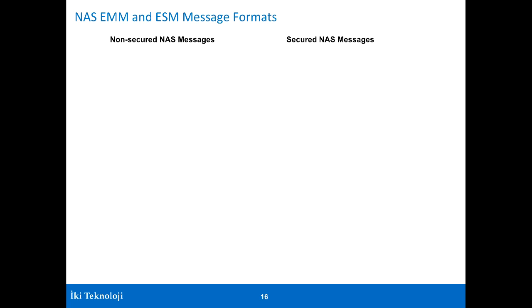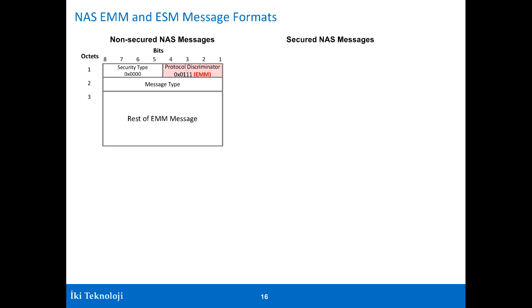Just a quick look at what these message formats for mobility management and session management look like, because there are a few Wireshark captures, and you may want to figure out what these messages look like. If you look at the EMM messages, the format given here is that you have a protocol discriminator which has a 4-bit value, and if it's 0111, this is an enhanced mobility management message, and this comes with a security type of 0.